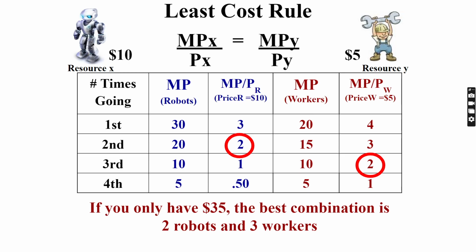Now, all we did was look at the table and go logically one by one to see which combination maximized output for the firm while minimizing costs. And we basically just used this equation where the marginal product per dollar of robots is equal to the marginal product per dollar of workers.